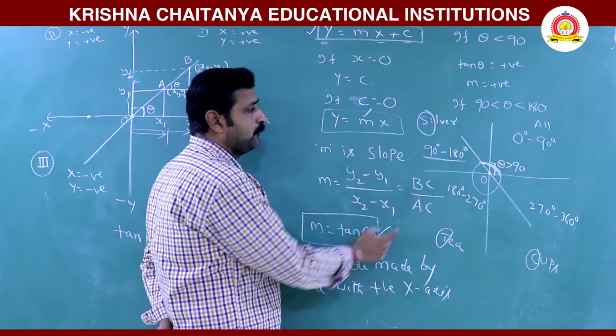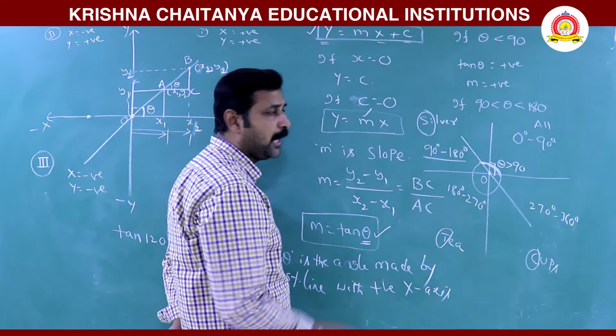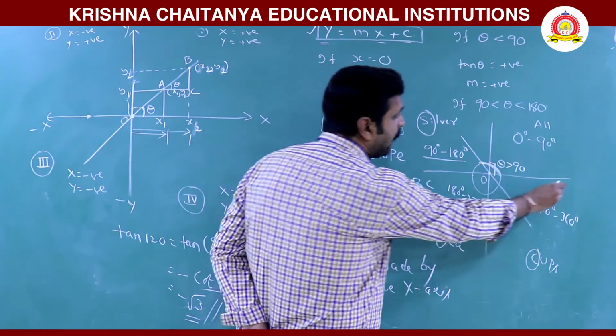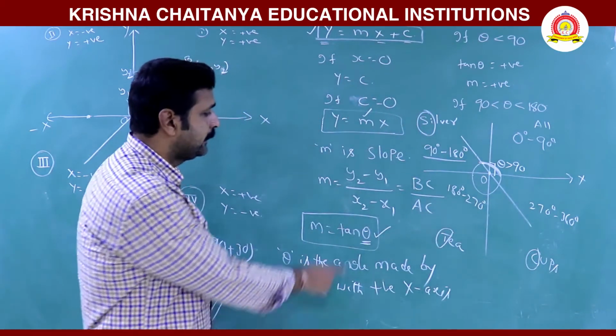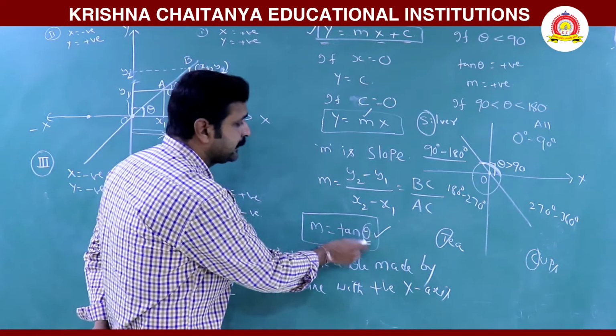For this graph, the angle theta is greater than 90. Always here we have to take angles made with the positive x-axis only.